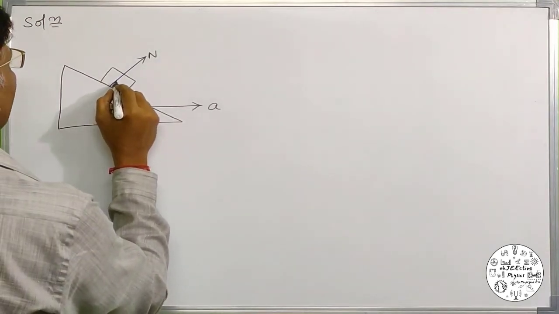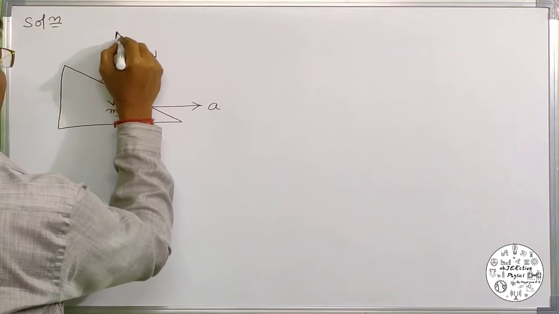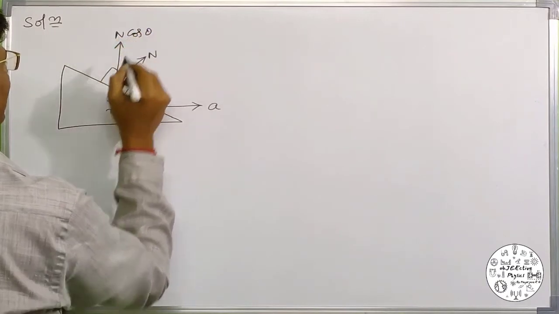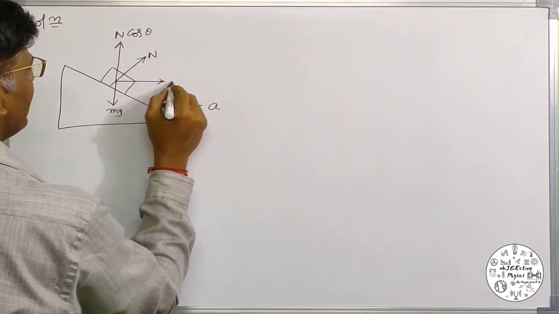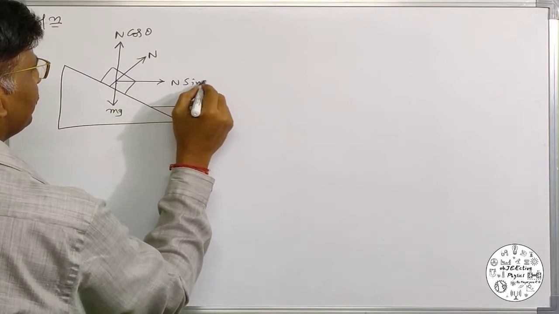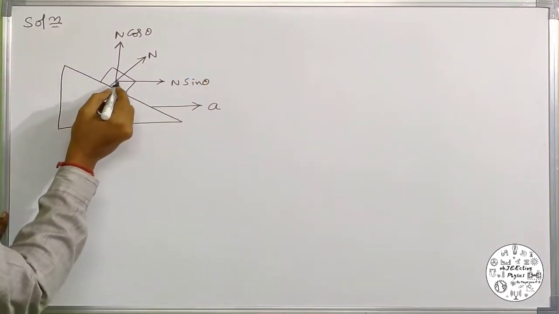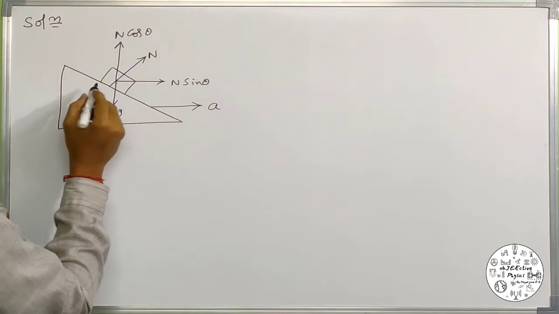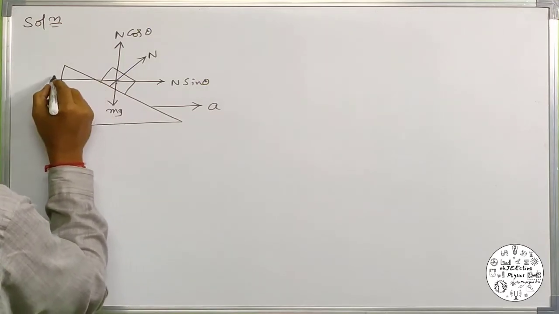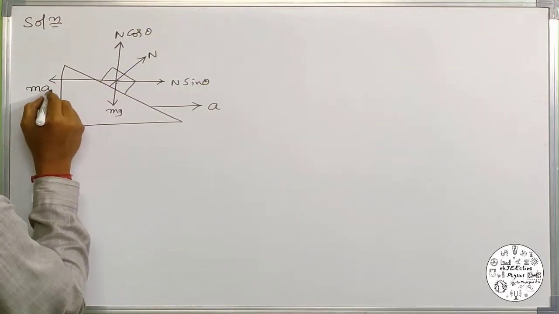That is, along mg, N cos theta, perpendicular to mg, N sin theta. So this block is at rest. It means it experiences an opposite force ma.